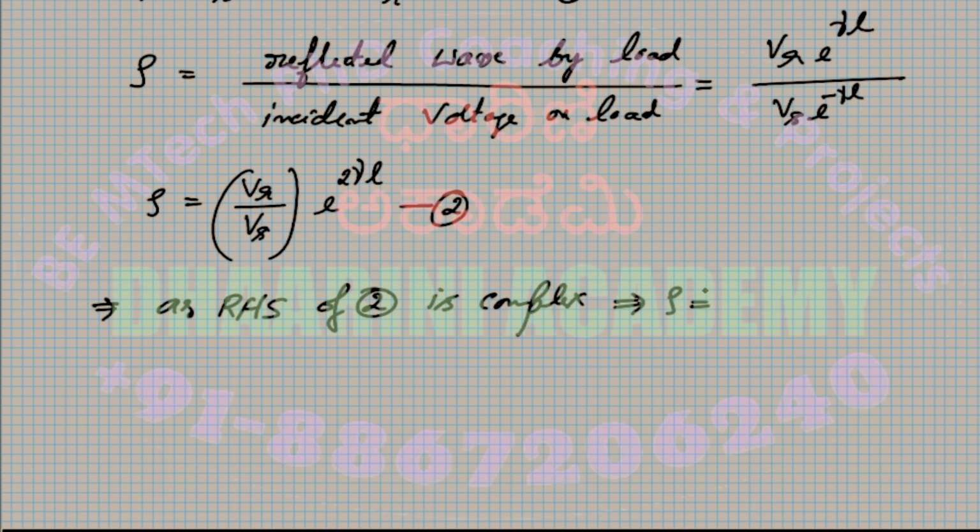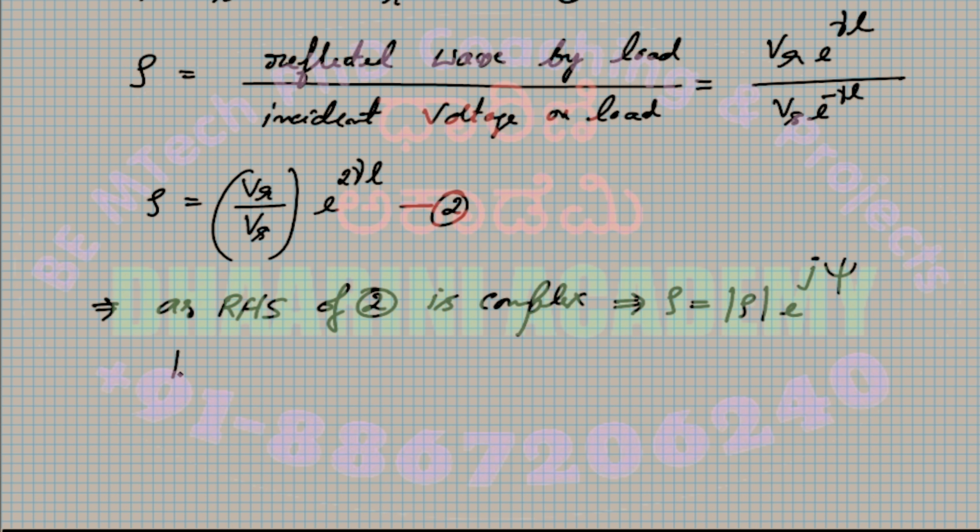Complex numbers can be represented in two formats. One of them is the polar format, where you write a magnitude, the magnitude of rho, into e to the power j and some angle. Already I have used theta, so I'll use psi: e to the j psi.